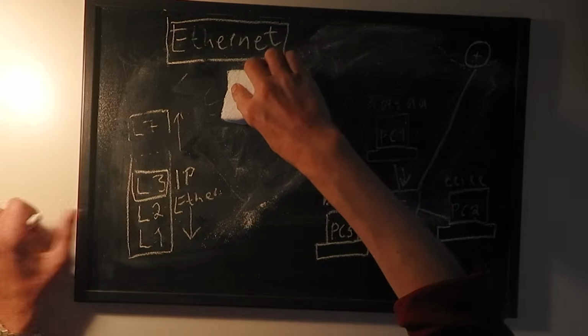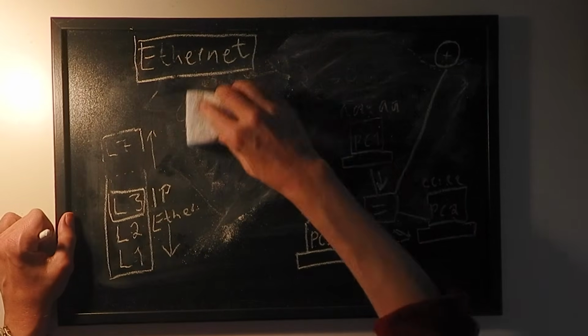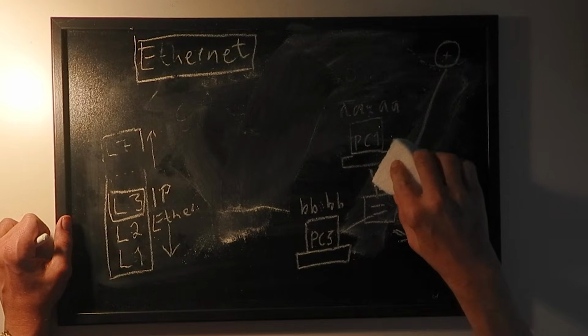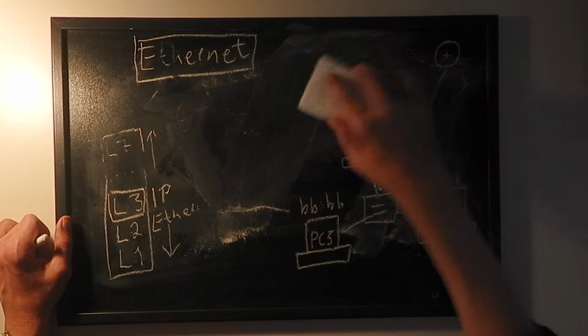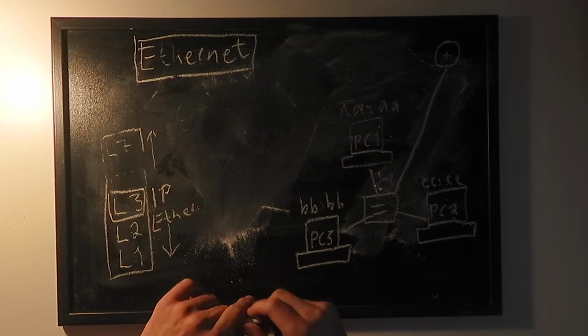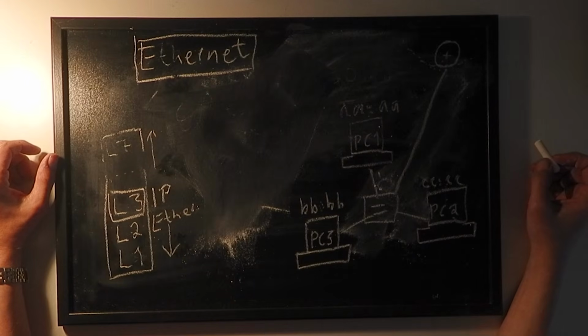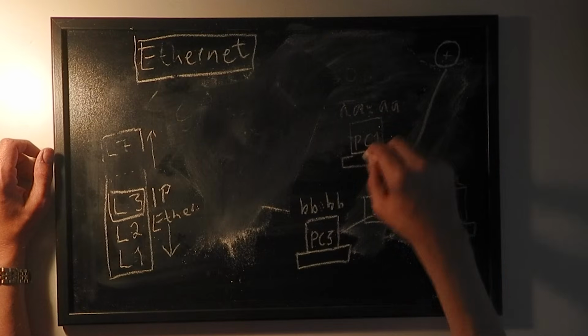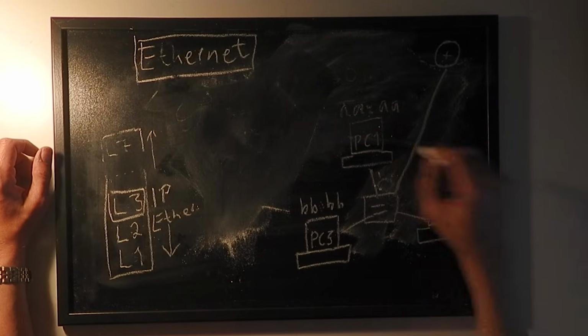Let's take a closer look at how we can create one of these frames. So when we send a frame on the network, we need to package it in some kind of way which all of these nodes can agree on.